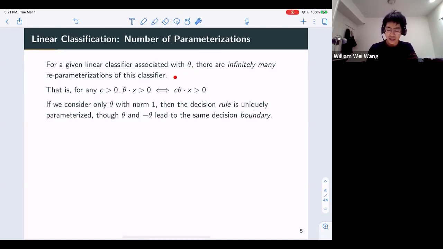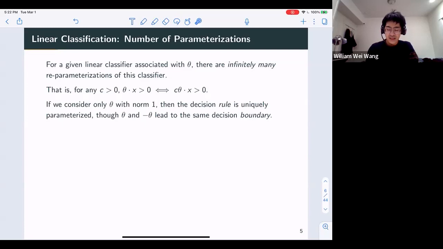What I mean by that is, let's say I'm not considering an intercept, just for simplicity. If I take theta dot x as my decision rule, so I classify as 1 if it's greater than 0, then if I multiply it by a constant, it'll give me the same decision boundary, right?